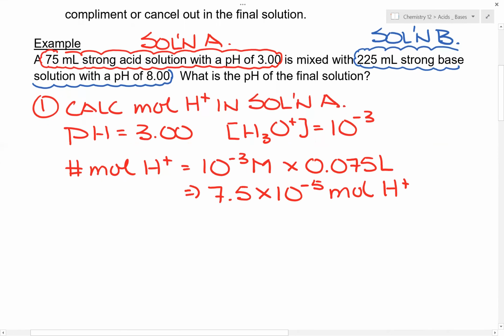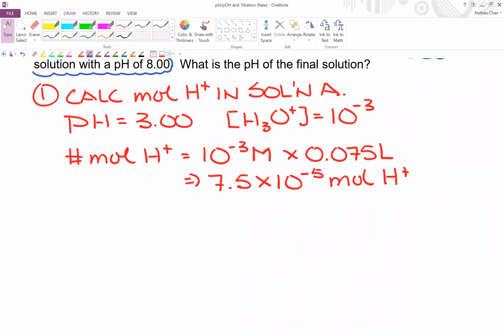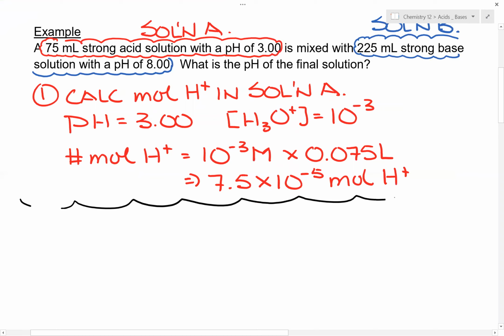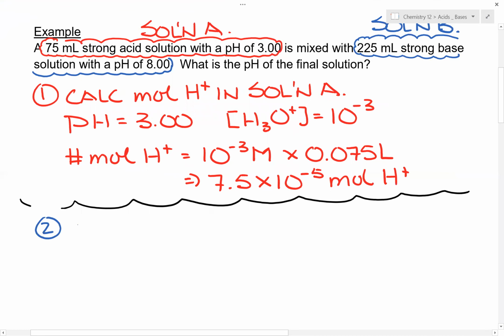Now, we do the exact same thing for solution B. But in this case, for solution B, we want to calculate the moles of OH-.